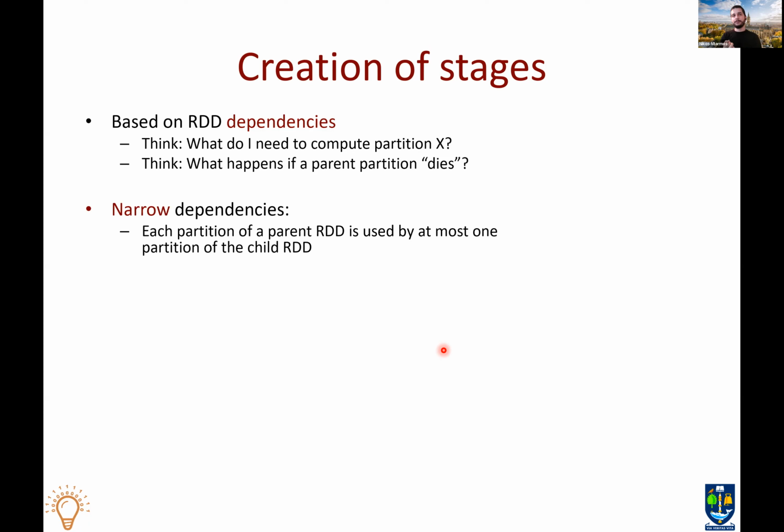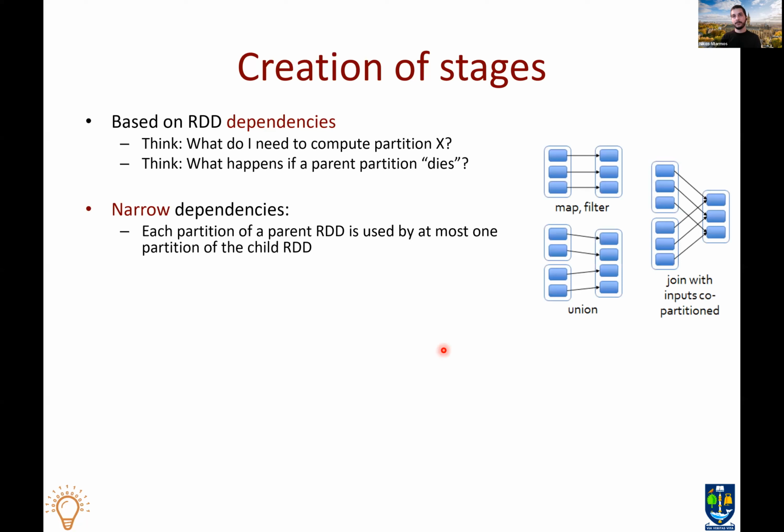And in Spark lingo, we have 2 types of dependencies: narrow dependencies and wide dependencies. Narrow dependencies is when every partition of a parent RDD is used by at most one partition of the child RDD. So think of map or filter or union.